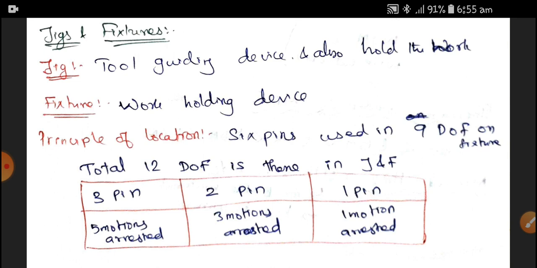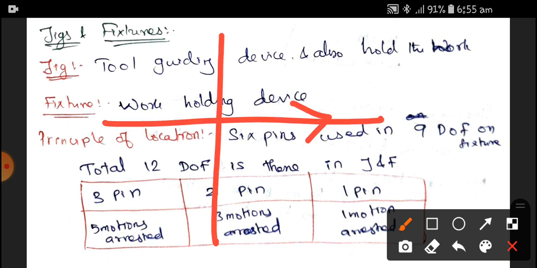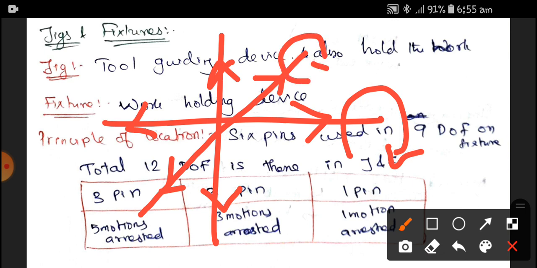And the principle of location uses 6 pins to arrest 9 degrees of freedom on a fixture. What I am saying about the 9 degrees of freedom is: positive x, negative x, positive y, negative y, positive z, negative z, and also rotation clockwise about the x-axis, the y-axis, and the z-axis.